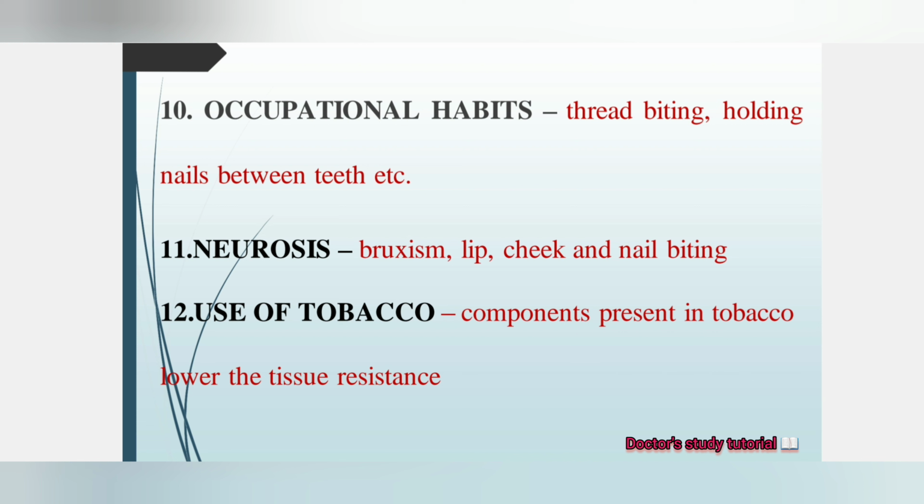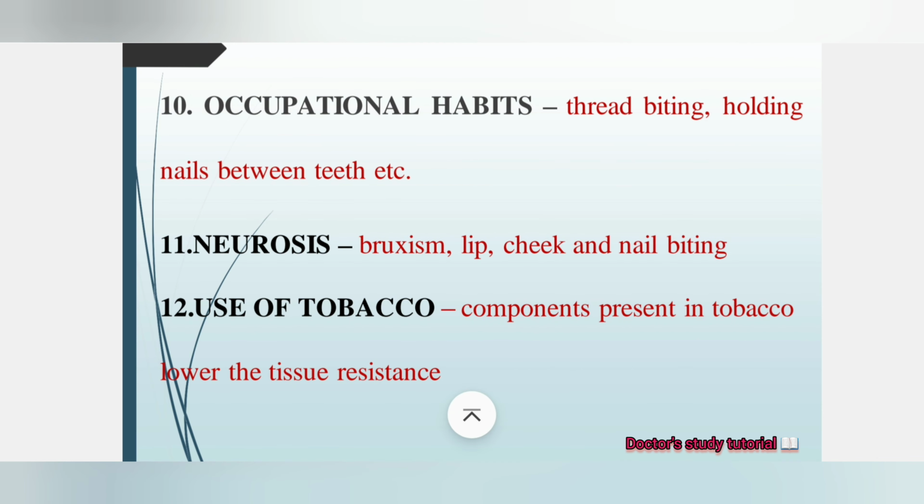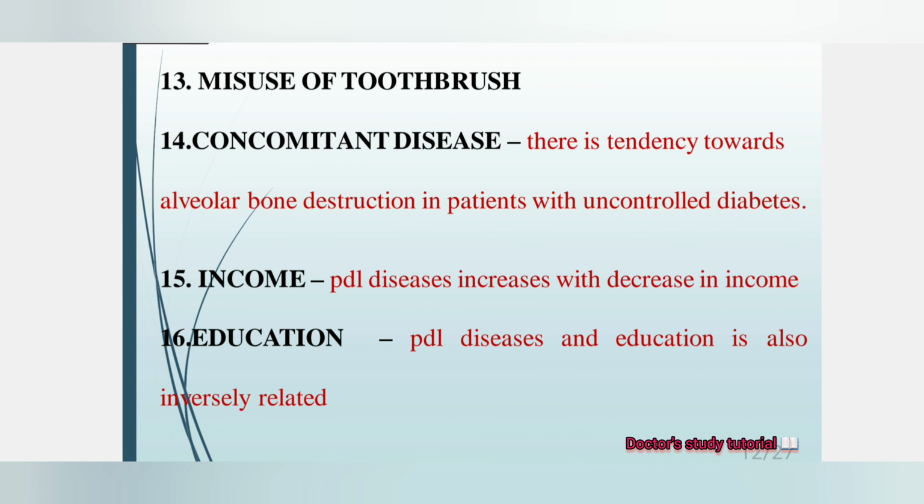Occupational habits: thread biting, holding nails between the teeth, etc. Neurosis, bruxism, lip, cheek and nail biting, use of tobacco; components present in the tobacco lower the tissue resistance. Misuse of toothbrush. Concomitant disease: there is a tendency towards alveolar bone destruction in patients with uncontrolled diabetes.